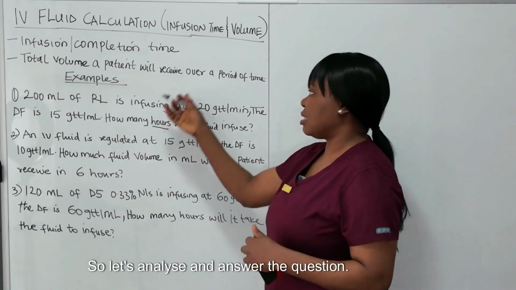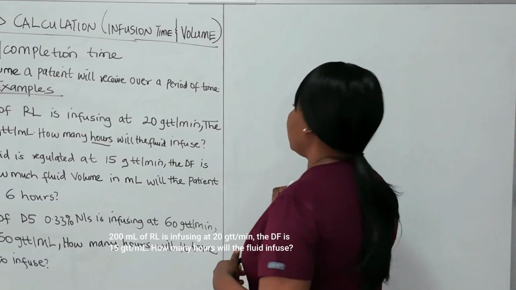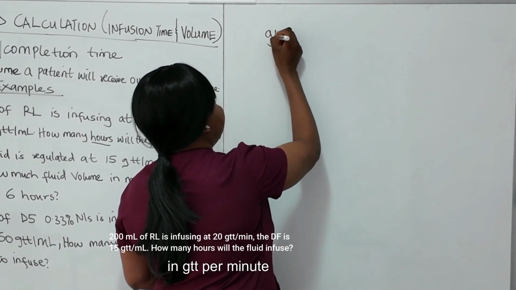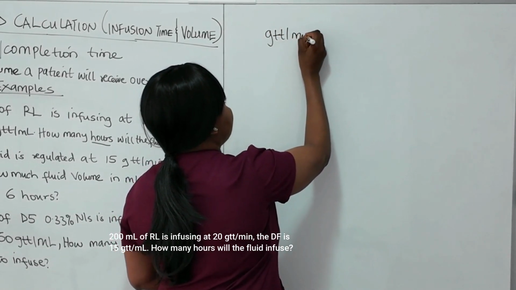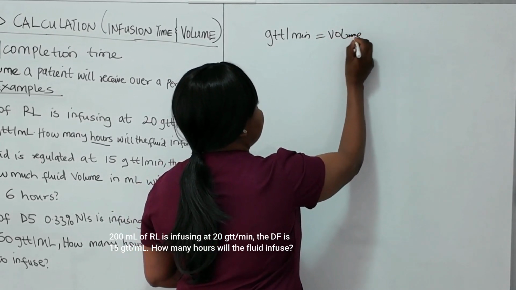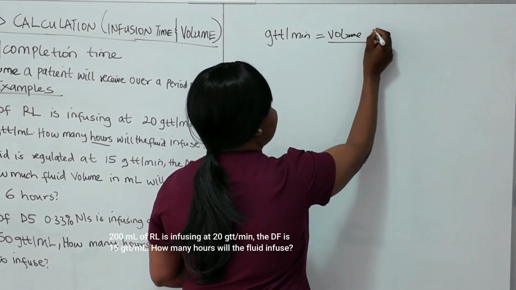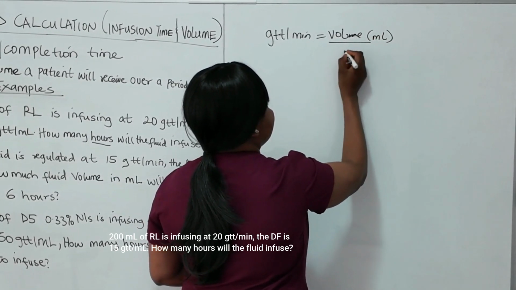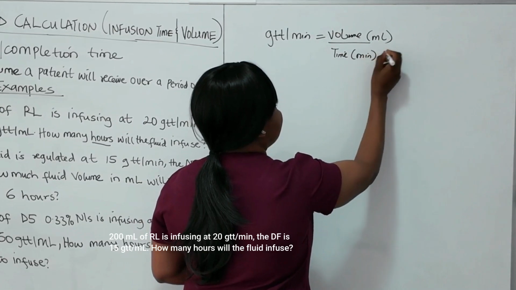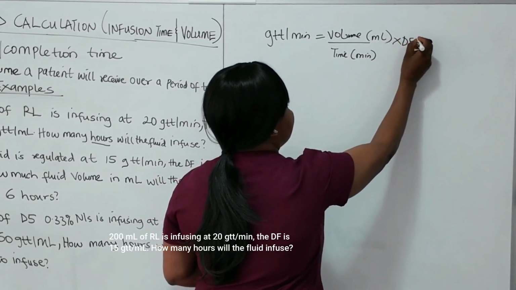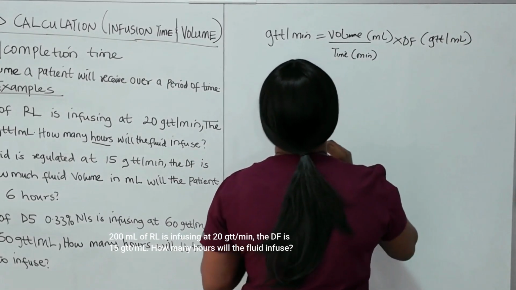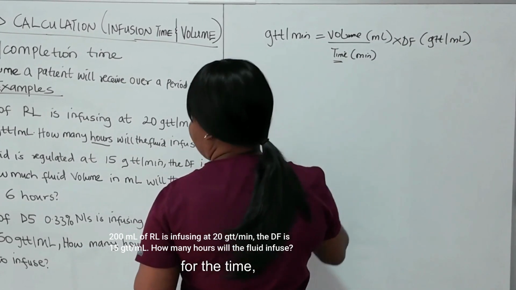So let's analyze and answer the question. The formula is flow rate in gtt per minute equals the volume in ml, divided by time in minutes, times the drop factor in gtt per ml. Remember, we're looking for the time.